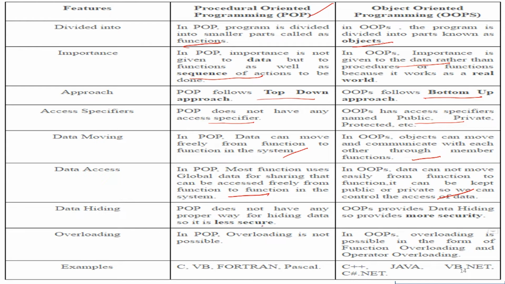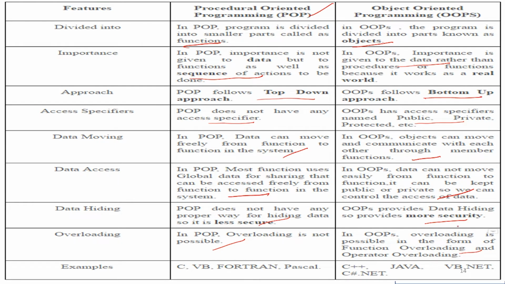Since the data is not hidden, because there is no use of access specifiers in POP, it is less secure, whereas the data is more secure in OOPS. POP doesn't allow overloading of operators or functions, but OOPS allows overloading of functions and operators.